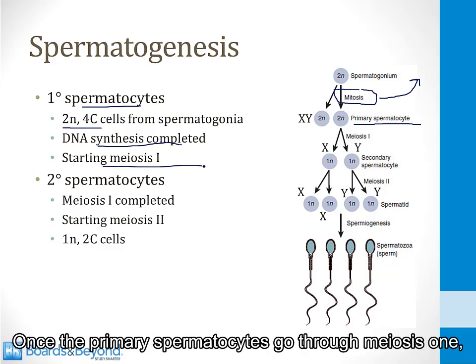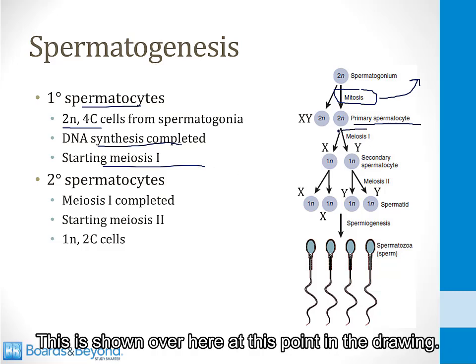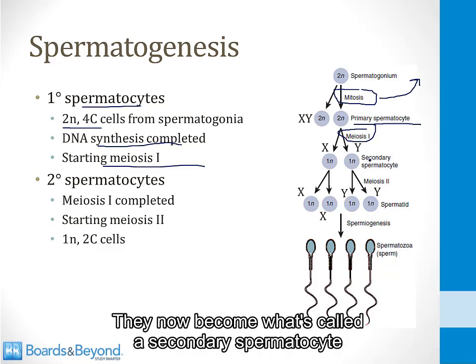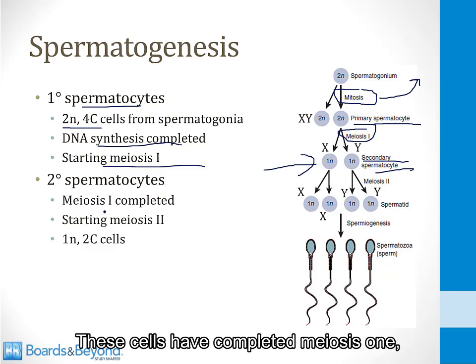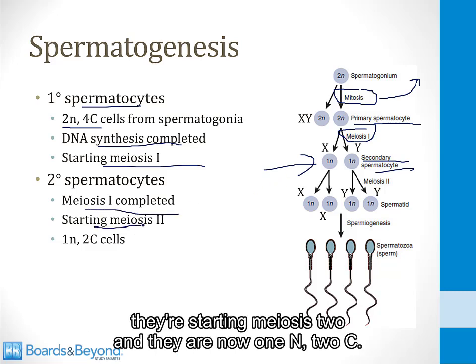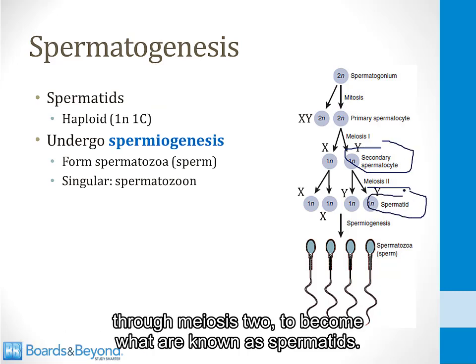Once the primary spermatocytes go through meiosis I, they now become haploid. This is shown over here at this point in the drawing. They now become what's called a secondary spermatocyte, which is a haploid cell. These cells have completed meiosis I, they're starting meiosis II, and they are now 1N, 2C. Then finally, those secondary spermatocytes will go through meiosis II to become what are known as spermatids.